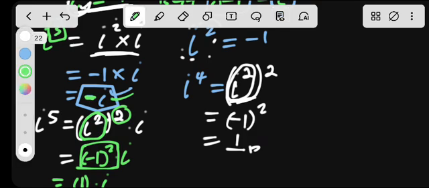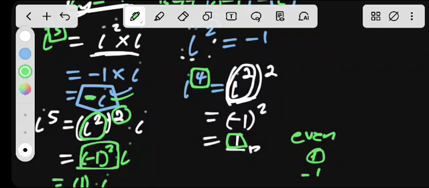But check here, guys. We have even exponents, and we'll end up having 1. If you have an even exponent, you'll end up with 1 or minus 1 at your end.